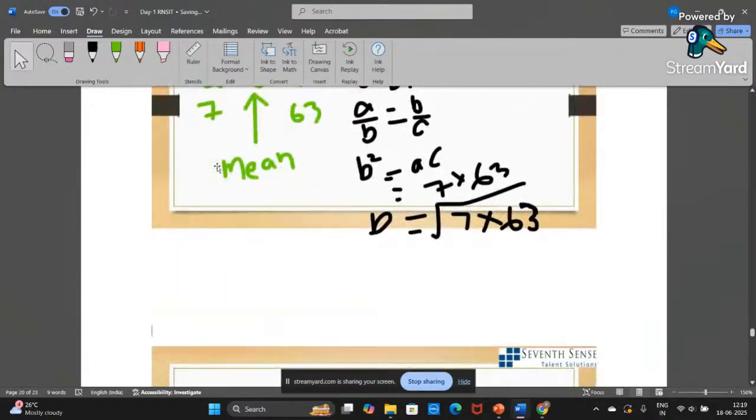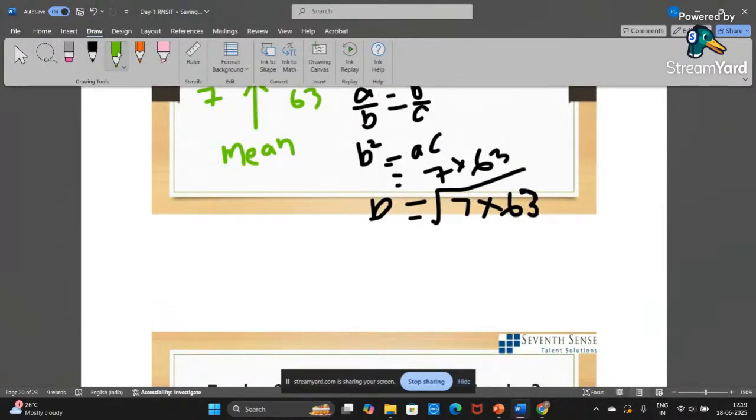Next, just split this. The 63 can be written as 7 into 9, right? Okay, 7 into 7, it is 49 into 9.